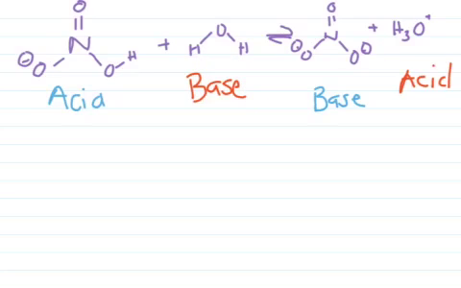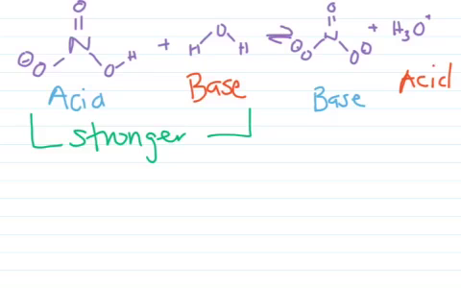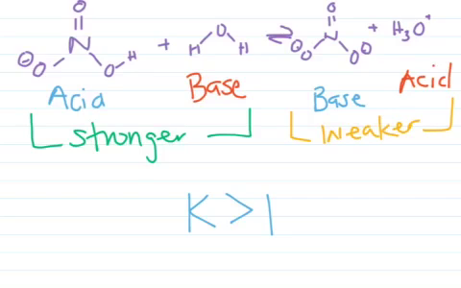So that means, because the water molecule has more hydrogens, this side is the stronger side, while this side, the products, is the weaker. So that means our K is greater than 1.